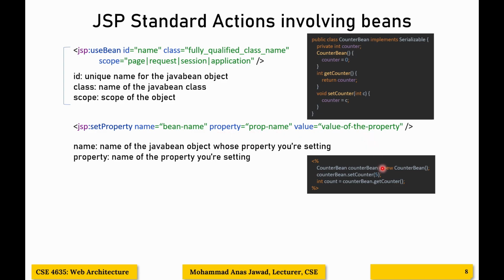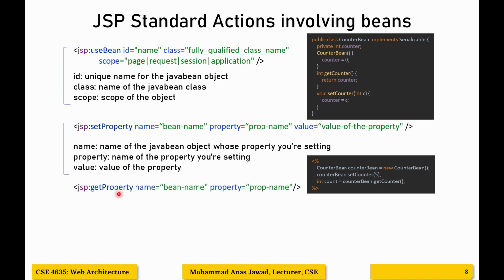Suppose we are trying to set the value for the counter private variable. Then we would have written property is equal to counter. And if we want to initialize the value of this counter variable as 5, then we would have written value is equal to 5. Okay, so that's how the setProperty action tag works.